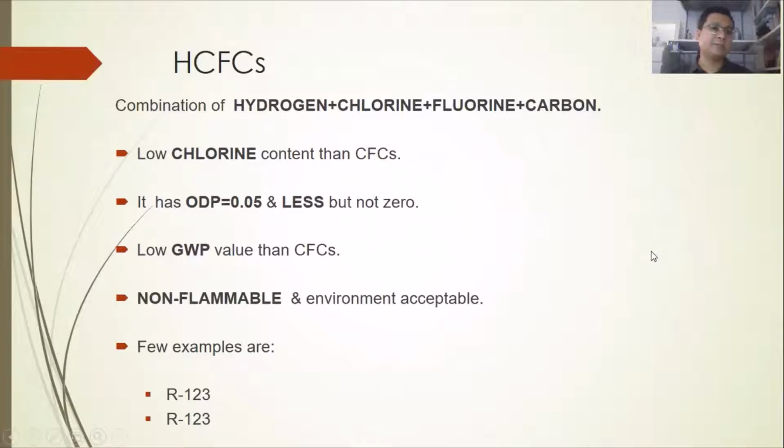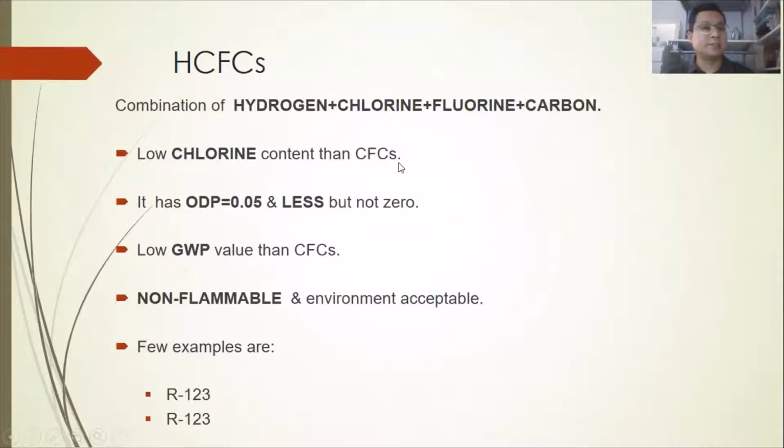Then HCFCs: hydrogen, chlorine, and carbon, with low chlorine. This one is actually after we summarize, we classify what the good and the drawbacks of the HCFC refrigerant itself.